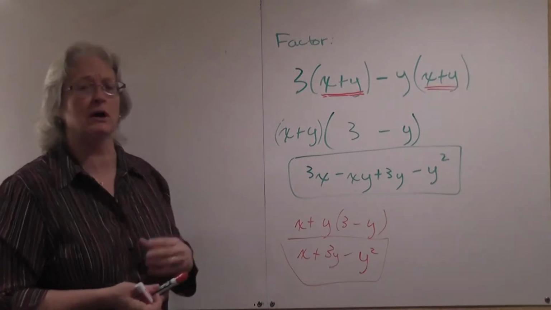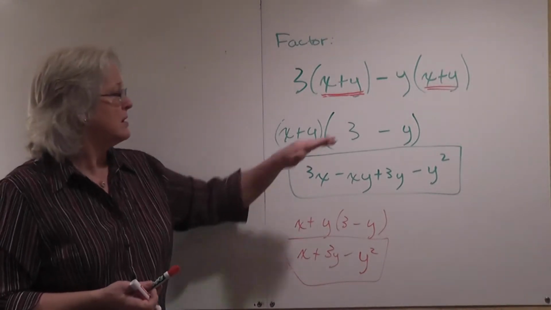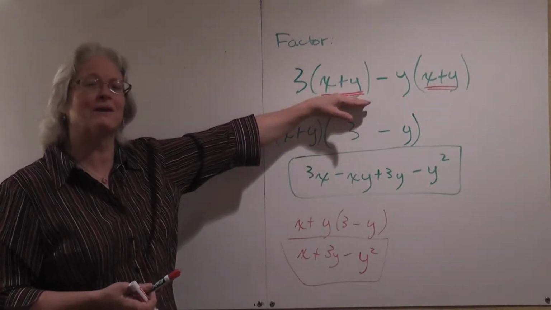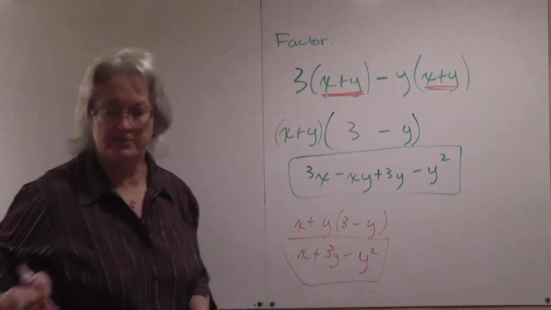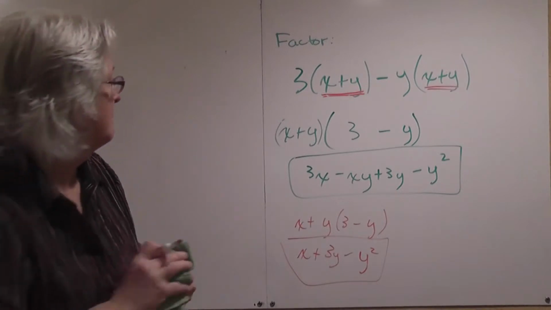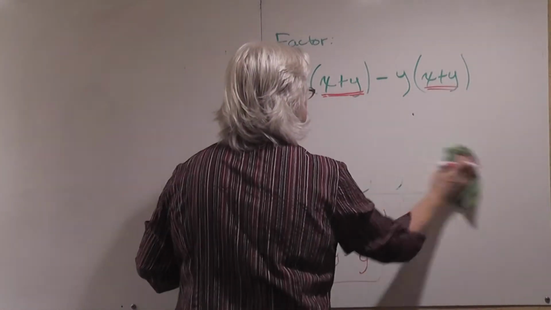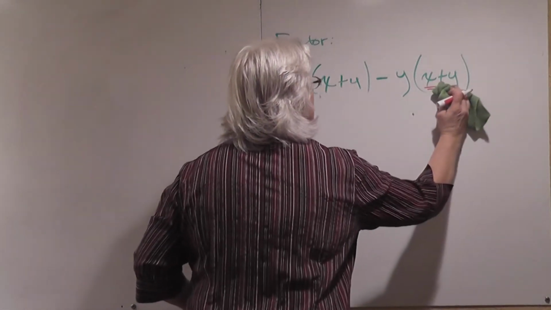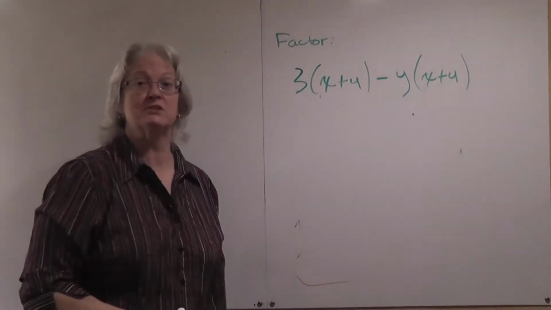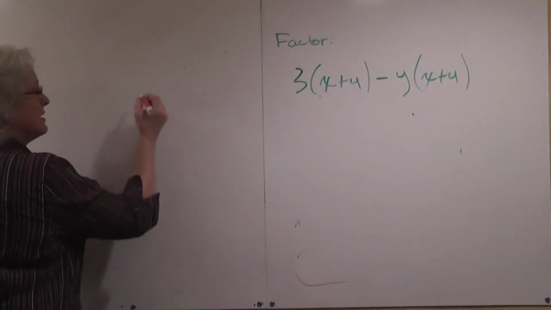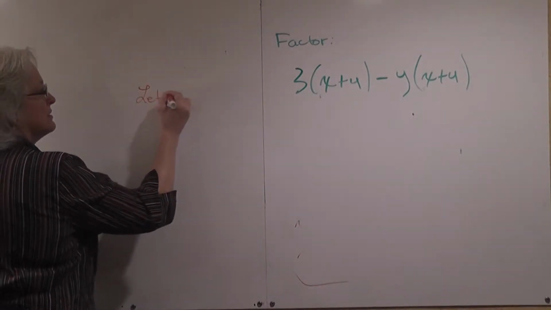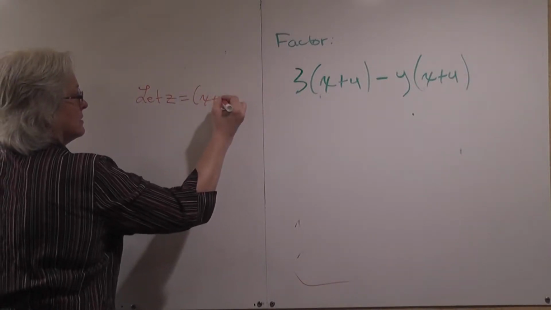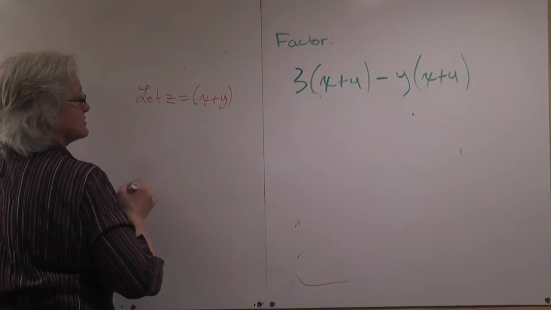Okay, this still may look a little bit strange to you. Let me back out of this and show you a different way to consider what we've done. How about if we said, we're going to just do a little bit of substituting on our own here, and we're going to say, let z equal the quantity x plus y.